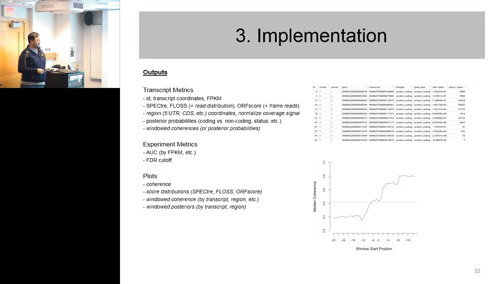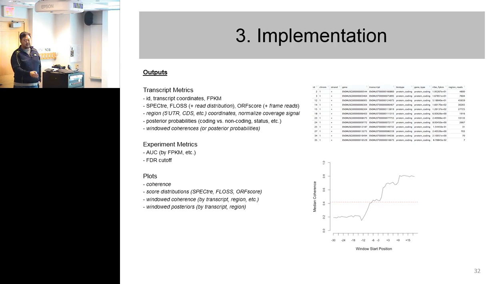One thing we're actively working on, based on these windowed coherences, is implementing an HMM to define where we might see the start of active translation versus not.